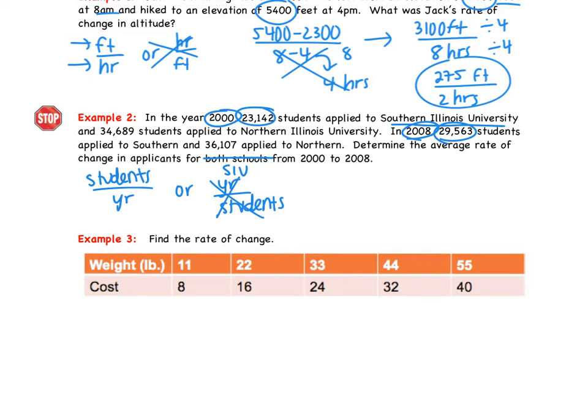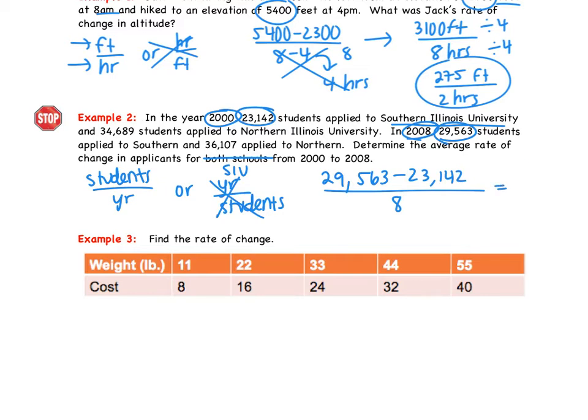Okay, so the number of students, the change in students, in 2008, 29,563 applied. In 2000, 23,142 applied. And then we went from 2008 to 2000, or really 2000 to 2008, which is 8 years.